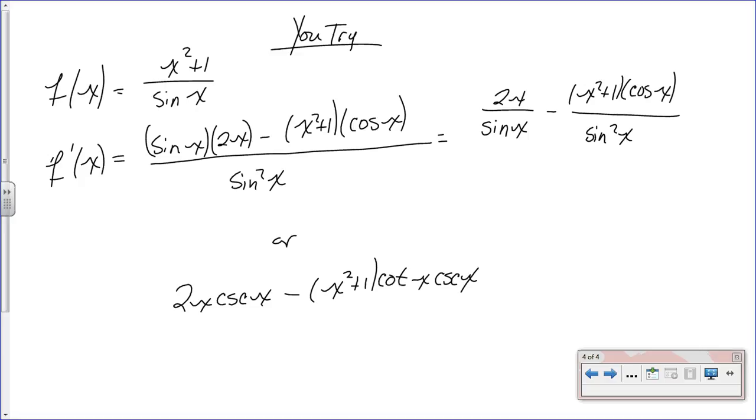All right, so there are several different ways to write this, and I would take any of the three if you gave them to me. So that is your quotient rule. Remember, low times d high minus high times d low over low squared. So the bottom times the derivative of the top minus the top times the derivative of the bottom, over the bottom squared, is your quotient rule.